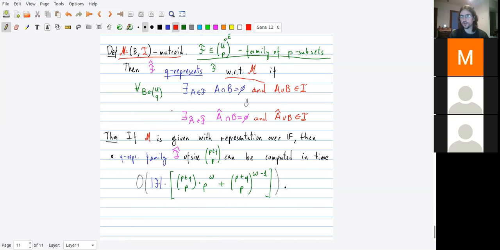So the definition is exactly the same, apart from one aspect, namely, if I've got some subfamily F hat, then it q-represents my family F with respect to this matroid structure if for every possible future B, so a set of q vertices, if there is somebody from my original family that fits, then there is also somebody from my trimmed representative family that fits.